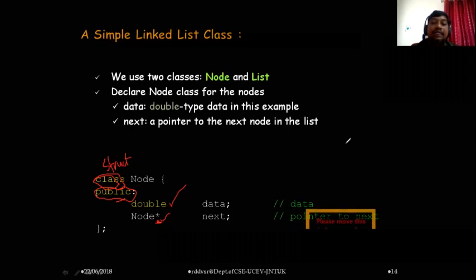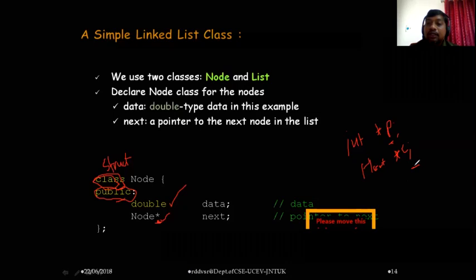Like int star p, int asterisk p, is a pointer which holds the address of an integer. Say a float pointer, float asterisk C. Now C points to a floating point element, C holds the address of a floating point element.